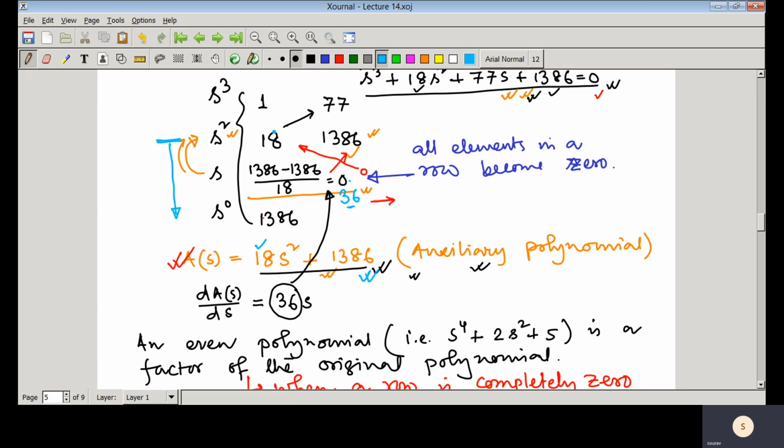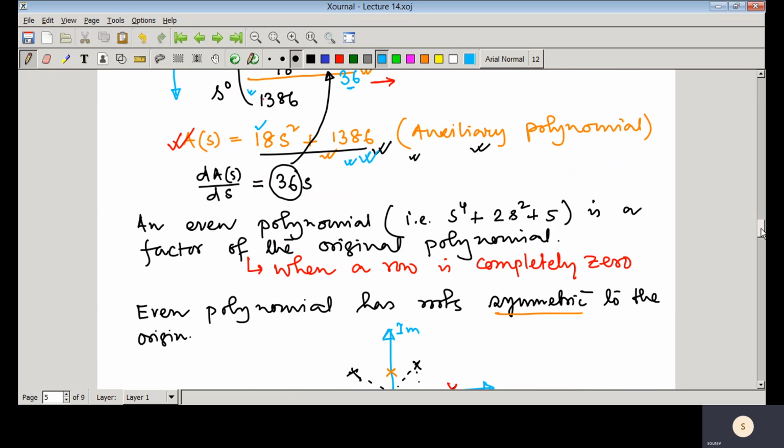So now just try to understand this particular fact, that from this term to this term there is no change of sign, and when there is no change of sign, that means this particular auxiliary polynomial, which is an even polynomial, does not have any root on the right half of the S-plane.